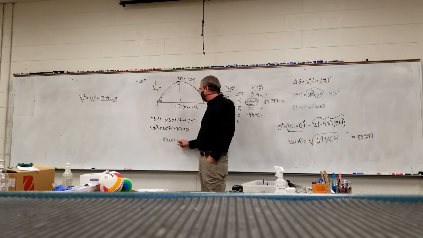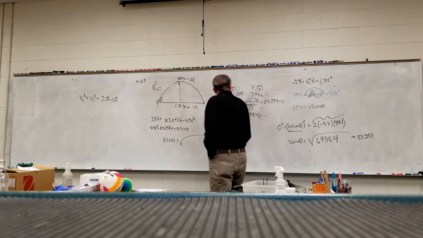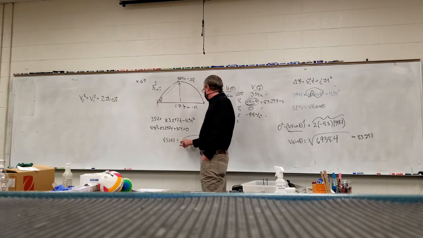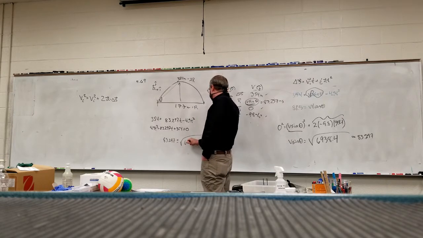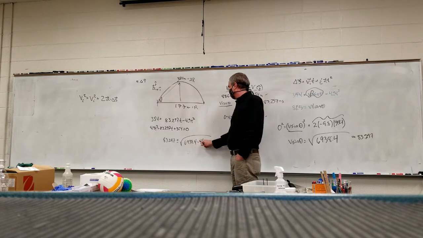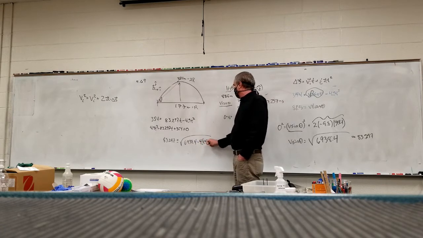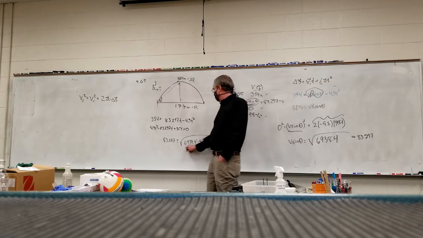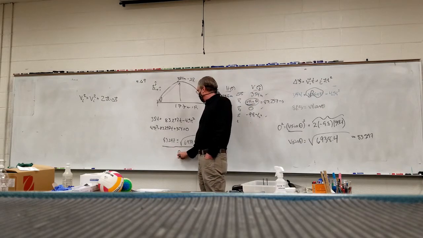83.297 plus or minus the square root of 83.297 squared, which is about 6,938.4, minus 4 times 4.9 times 354, divided by 9.8.